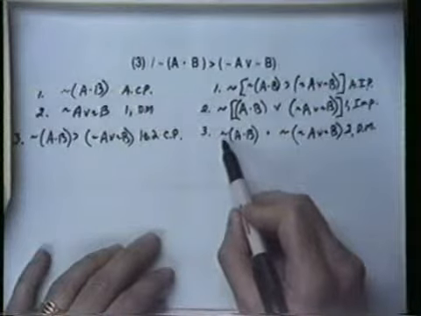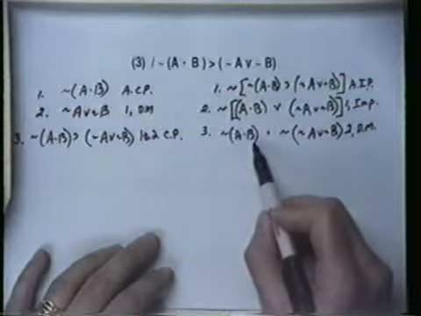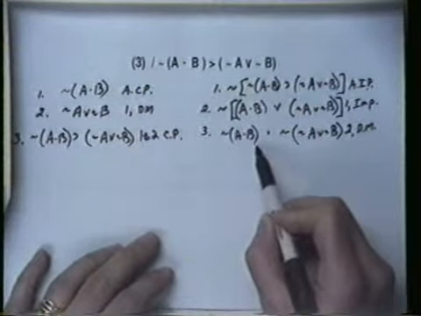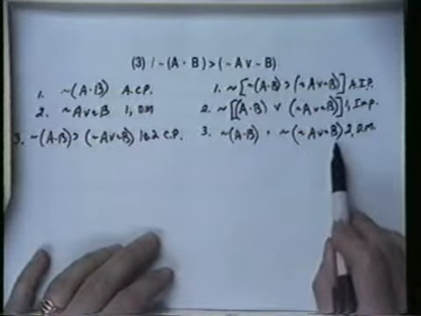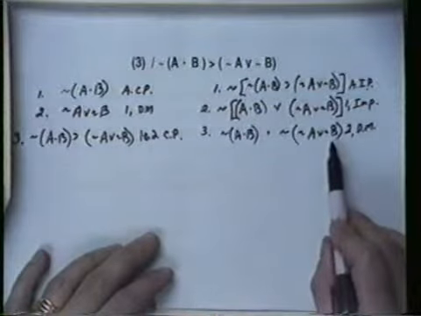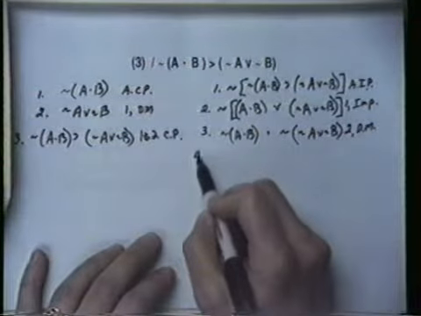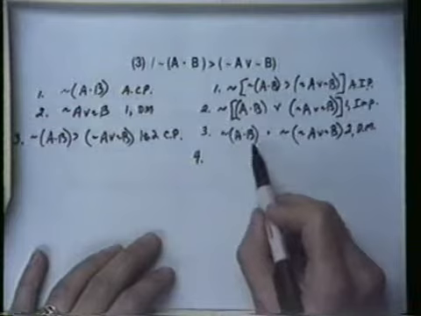Now, notice that when we take this tilde and use De Morgan on this conjunct, we are going to get the negation of what we have here on the right-hand side. So that alone is sufficient to show that we can generate a contradiction. Let's do the De Morgan step here.